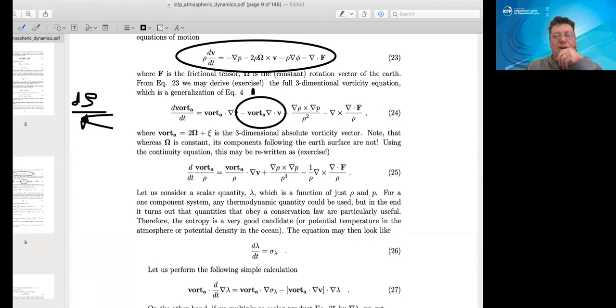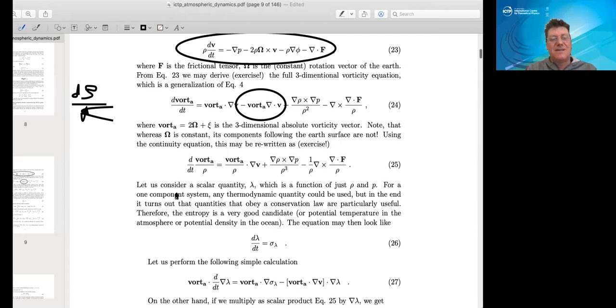So it turns out you can combine these two terms essentially and write down this equation here. So this equation looks like the previous one, divided by the density, and then we get the total derivative for this quantity here. So we have made already one step forward. We have eliminated one term on the right-hand side and brought it into the total derivative on the left-hand side.